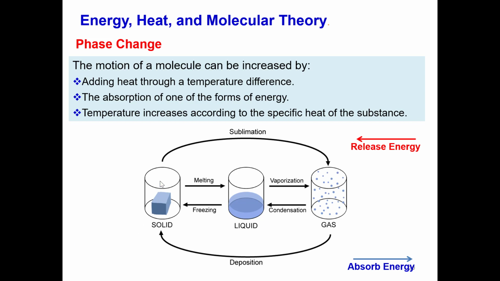Then what happens in solids, we already mentioned. Let's review. In solids, we have an organized structure, as we have something like that. The molecules can just vibrate. Yes, they can just vibrate, but they cannot move, they can't translate.